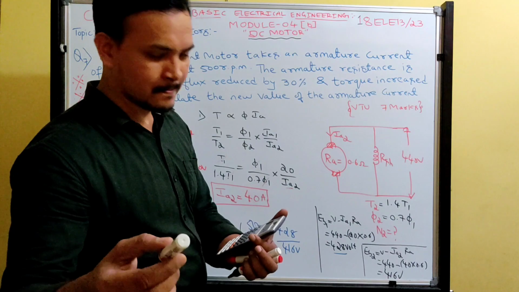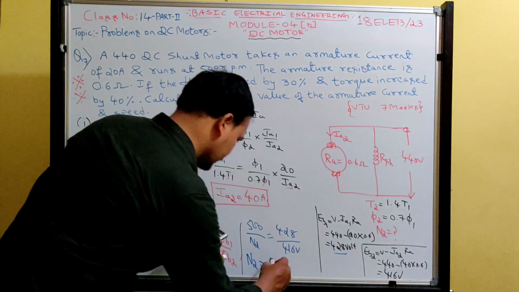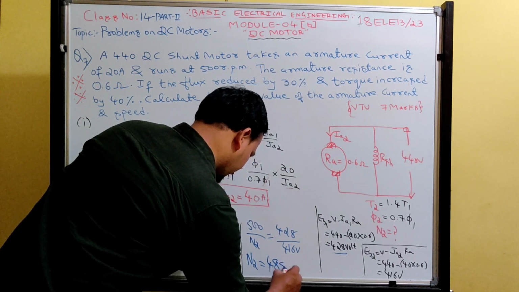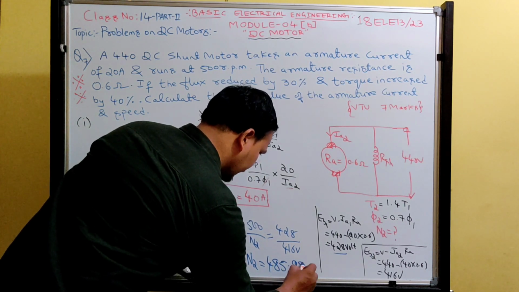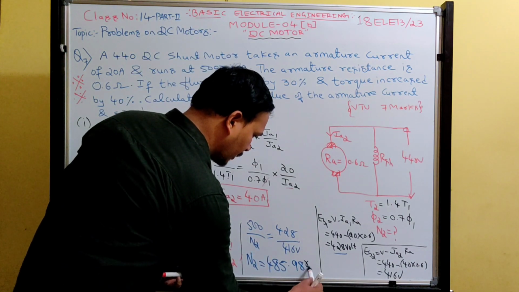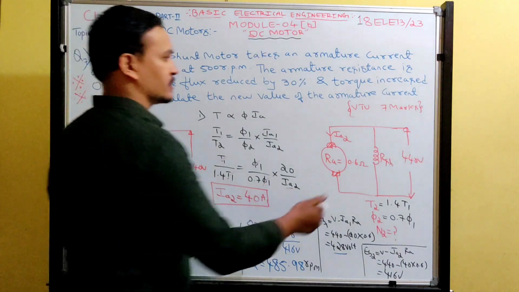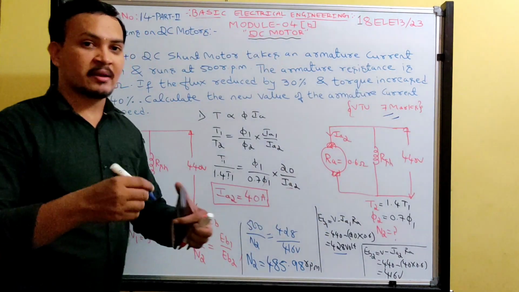What did you get? 485. Yes, your answer is correct: 485.98. What is the unit of speed? RPM, rotations per minute. This question was asked for 7 marks.